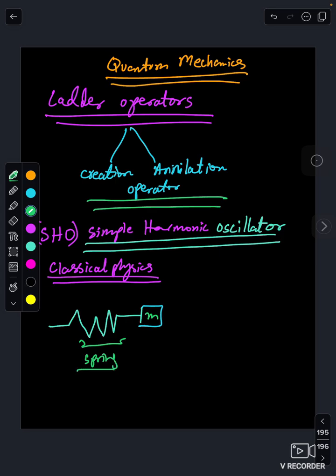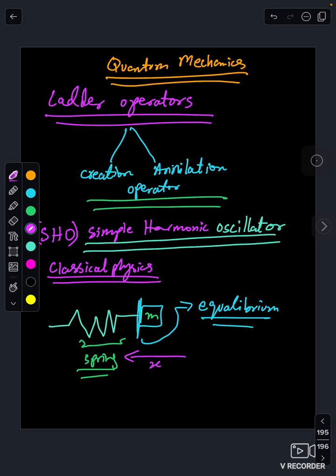Okay, so what we are studying is, if this is its equilibrium point, when we apply force on this mass connected to a spring in this direction, when we push it, we will move it from its equilibrium position by x.